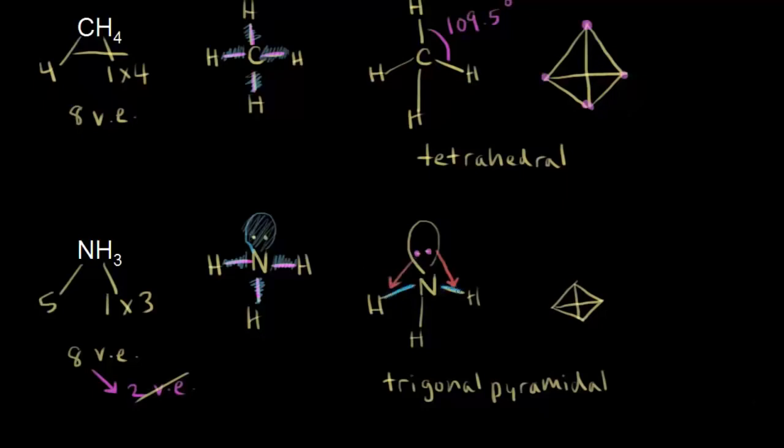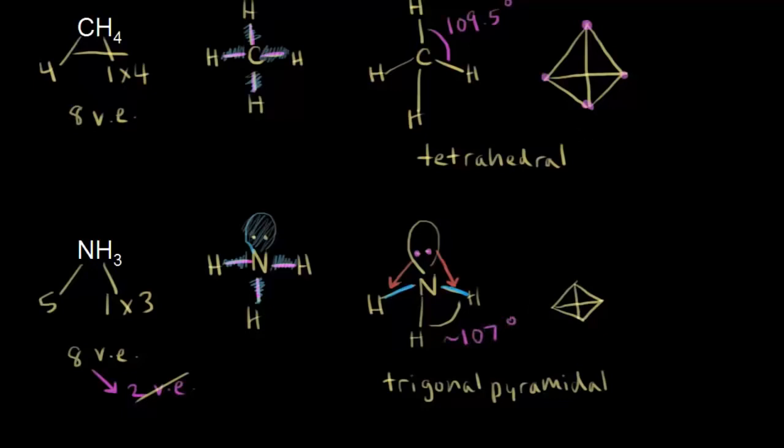Repel these a little bit more than in the previous example that we saw, and that's actually going to make the bond angle a little bit smaller than the ideal bond angle we saw before of 109.5 for a tetrahedral arrangement of electron clouds. And so it turns out that this bond angle between the atoms, the hydrogen-nitrogen-hydrogen bond angle, gets a little bit smaller than 109.5. So it actually gets smaller to approximately 107 degrees here for a trigonal pyramidal situation.